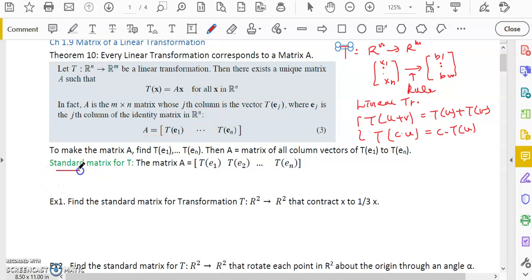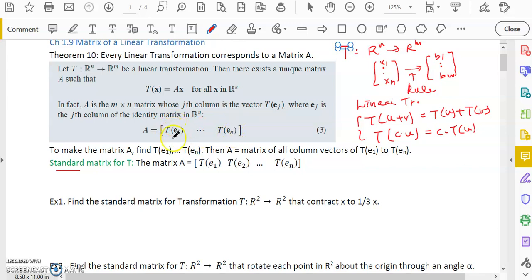So if someone says, give me the standard matrix for a transformation, that just means the matrix that performs the same thing as the rule of the transformation. Theorem 10 tells you how to create it. Part of the proof is that you take the transformation of e1 up to the transformation of en.